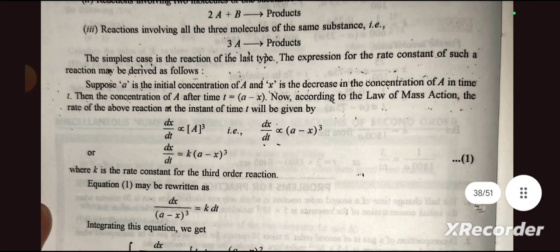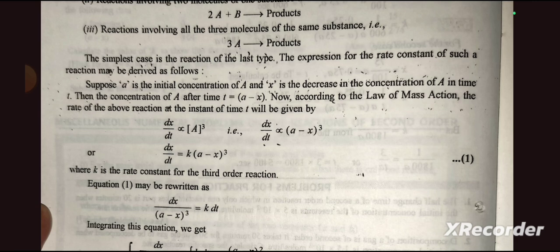The simplest case is the reaction of the last type. The expression for the rate constant of such a reaction may be derived as follows. Suppose a is the initial concentration of A and x is the decrease in the concentration of A in time t, then the concentration of A after t is equal to a minus x.